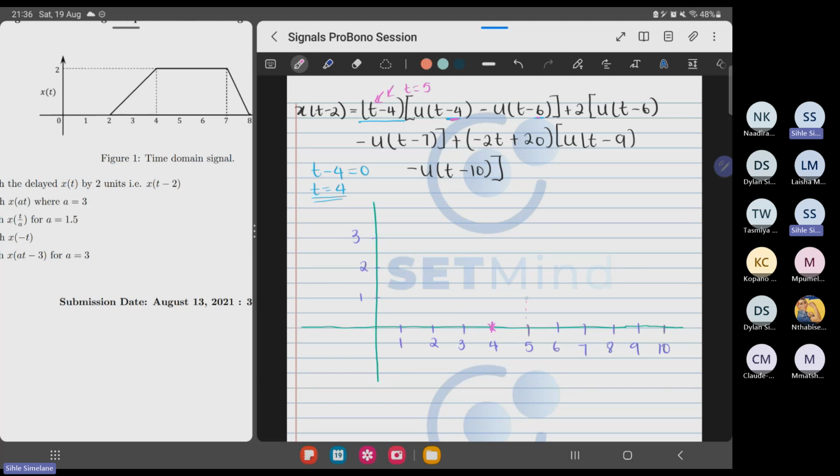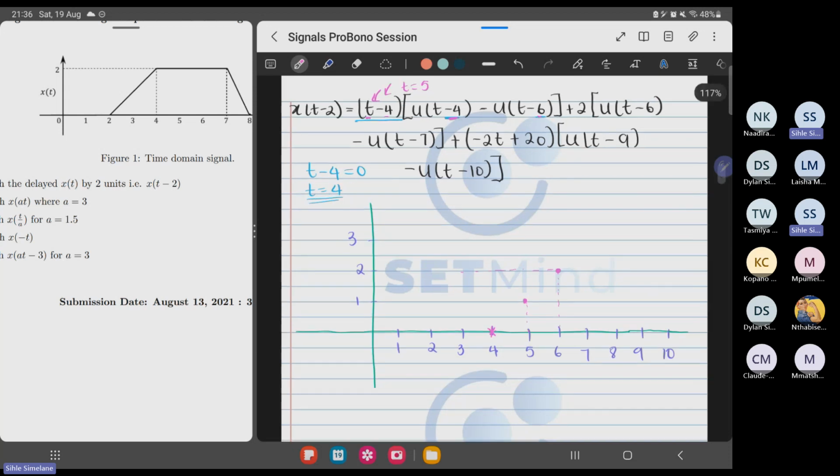So at t is 5, the value of the graph will be 1. And then at t is 6, 6 minus 4 will be 2. So at t is 6, the graph will be at 2. But then we are done there, because we said the graph is bounded between 4 and 6. So that portion looks like this.